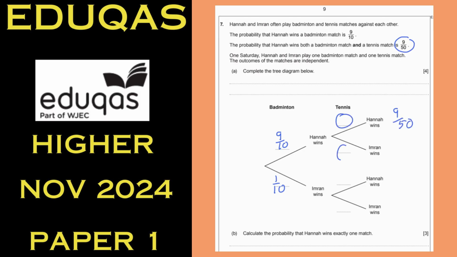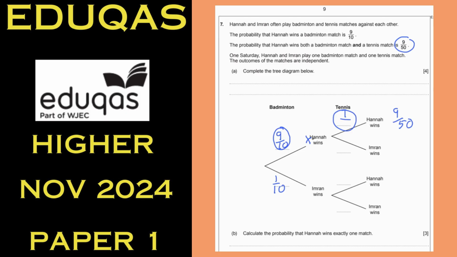Normally they give you some data about them, but not today. We need to fill in this blank. 9/10 multiplied by a fraction is going to give 9/50. On the numerator side, 9 times 1 is 9.